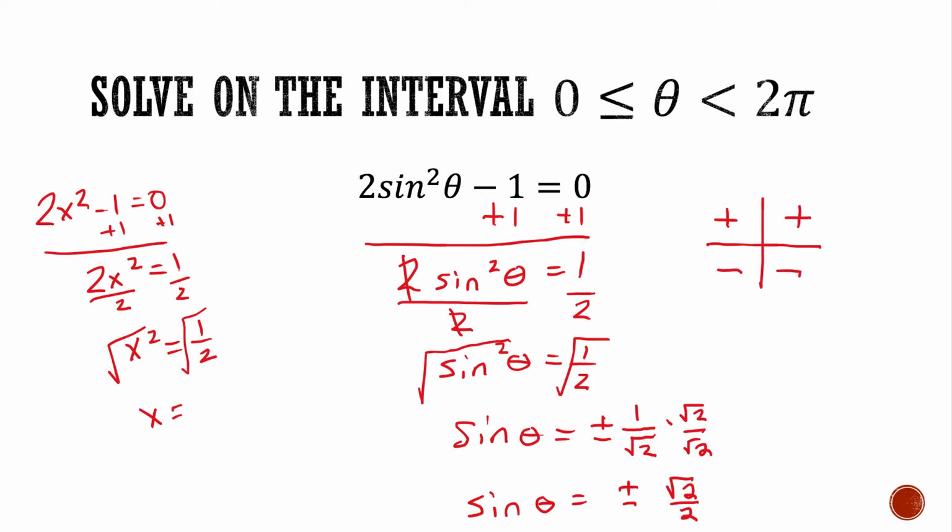If I want positives or negatives, then I'm going to have 4 answers because I'm going to have an answer in each quadrant. Let's find the first quadrant answer, and then we'll go from there. Where's sine equal to square root of 2 over 2? Again, that is your 45 degrees, or your pi over 4.